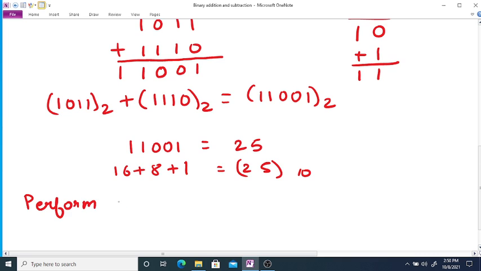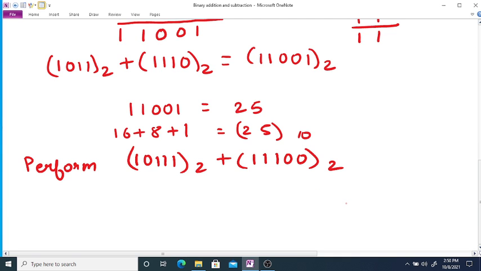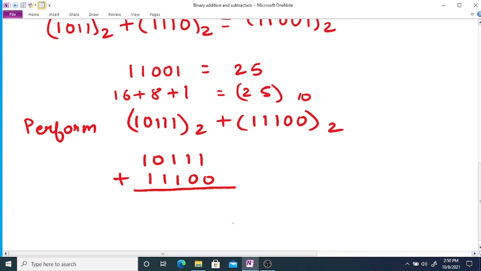Perform 10111 plus 11100. Now if we add these two numbers, we get 1 plus 0 will give us 1, again 1 plus 0 will give us 1, 1 plus 1 will give us 0, carry as 1, again we will get 1 plus 0 plus 1, sum will be 0 and carry will be 1, and 1 plus 1 will give us sum as 1 and carry as 1.